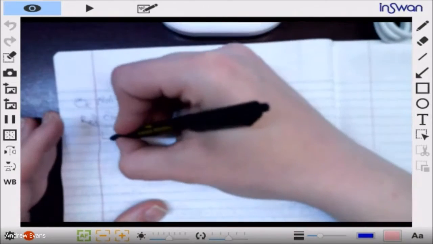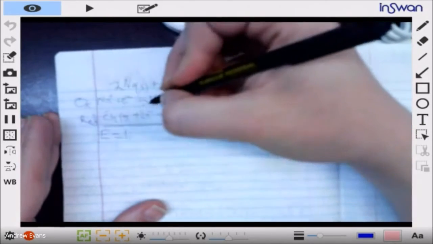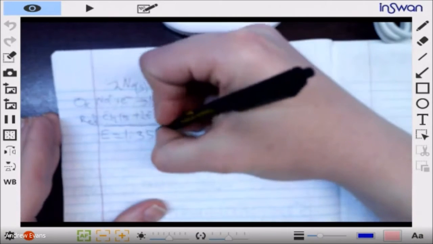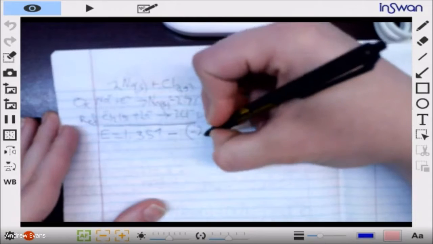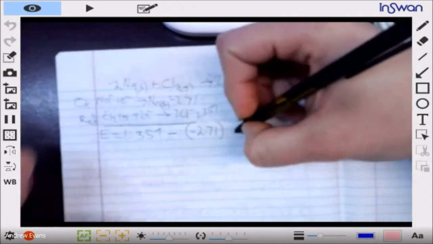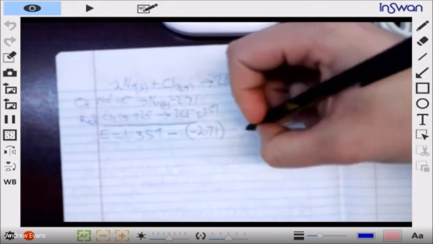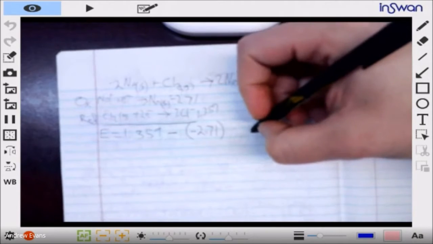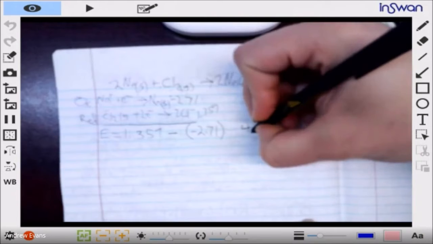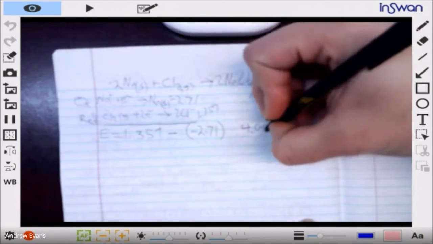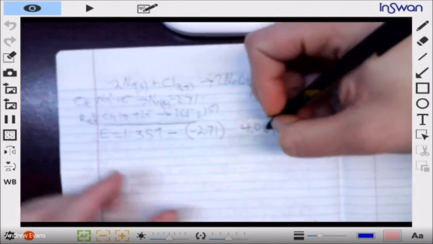So our E cell is just going to be 1.359, which is the reduction, minus negative 2.71, which is our oxidation. You do that math, you get like 4.069 volts.